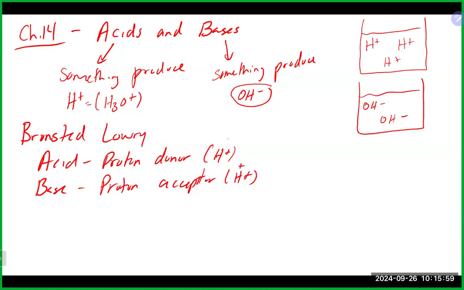And the consequence of the Bronsted-Lowry definition of acids and bases is when you have an acid plus a base, you will end up with, on the other side, partners to those acid and base, and those are known as the conjugate acid and the conjugate base.